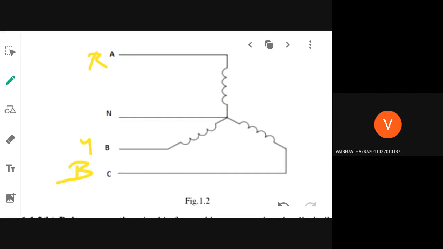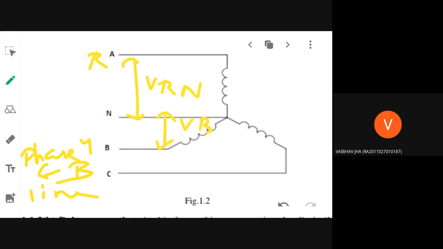Suppose I am connecting R to N, or B to N, or C to N, this is Bn, this is Yn. Then these are called phase voltages.